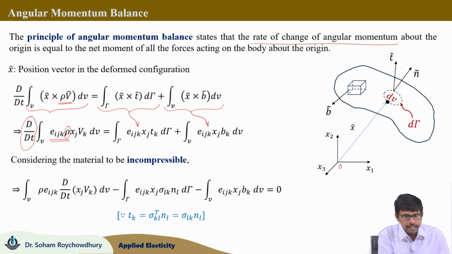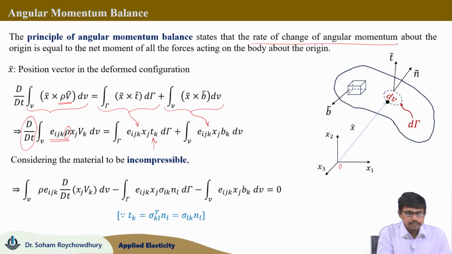So, this t_k, the surface traction component, we can write in terms of the Cauchy stress as t_k equals sigma transpose_kL n_L, and using the symmetry, or removing this transpose, we can write sigma transpose_kL as sigma_Lk times n_L, where n_L are the components of the unit normal vector.